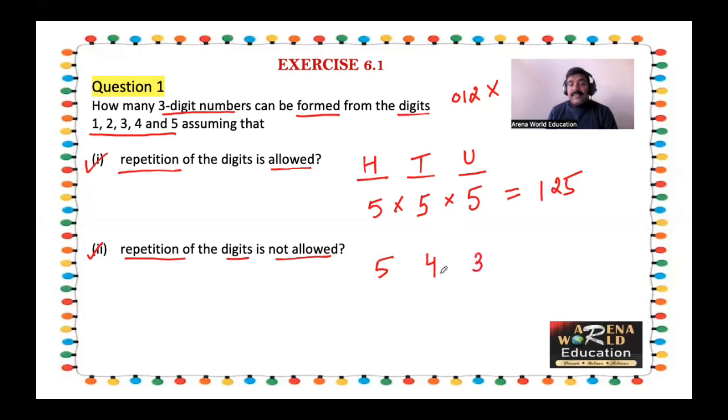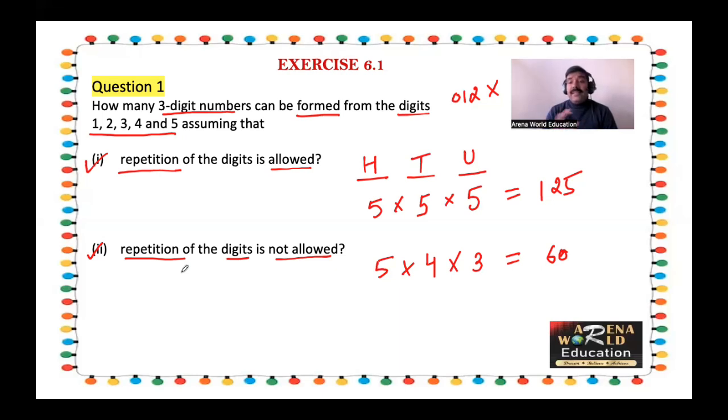Then for the unit digit, we have only three numbers. So 5 into 4 into 3, by the multiplication principle, the answer will be 60. In this way, you can solve both the first and second parts of question number 1.